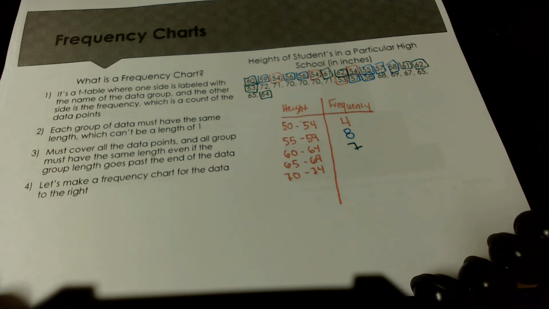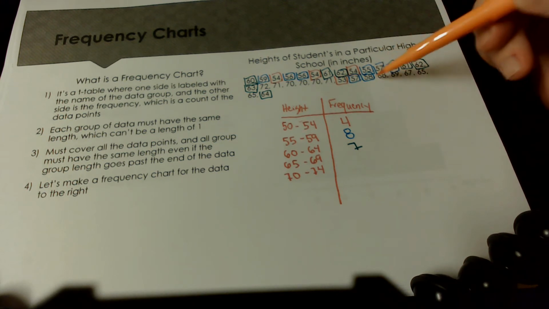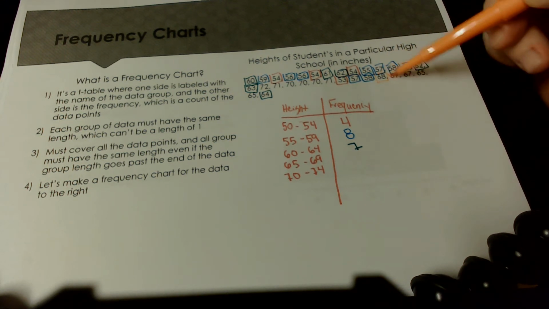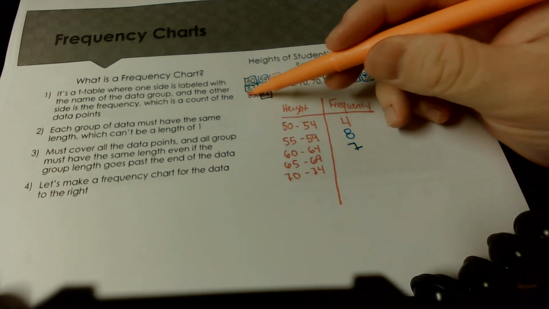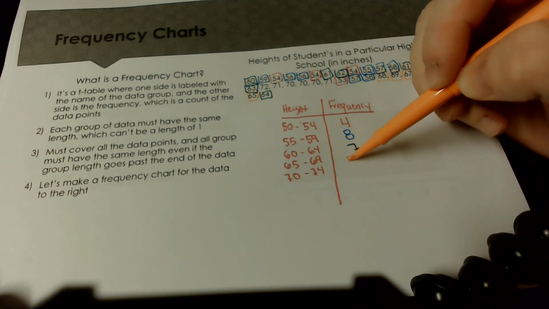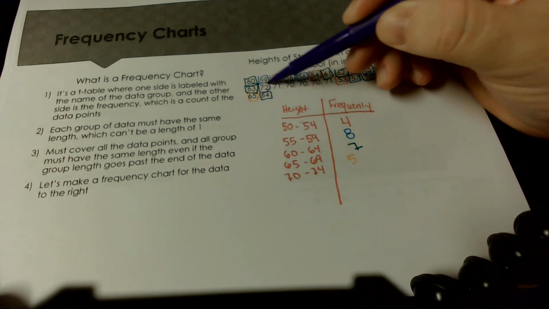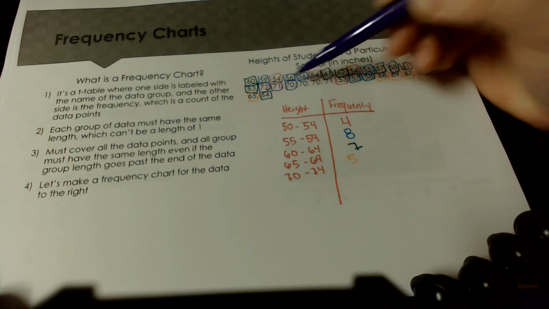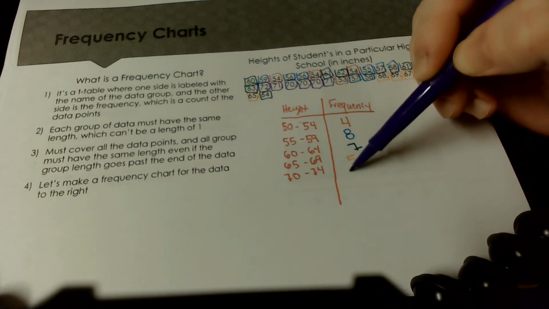Okay. 65 to 69: 1, 2, 3, 4, and 5. So that gives me 5 there, and then 70 to 74 looks like 1, 2, 3, 4, 5, and 6.